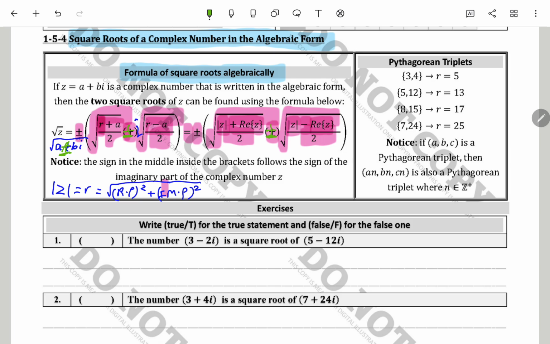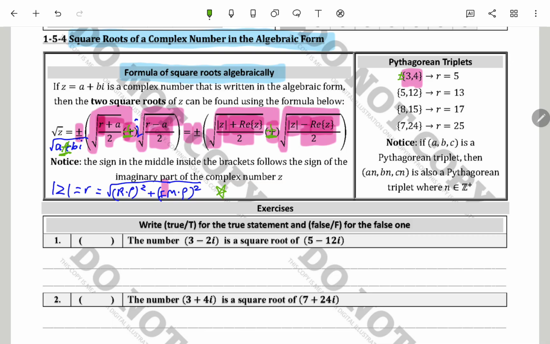Now, to help you find r easily without using this rule, you can use Pythagorean triplets. Look, if you have 3 for the real part and 4 for the imaginary part, or the opposite, with positive or negative signs, you can find r by this rule.